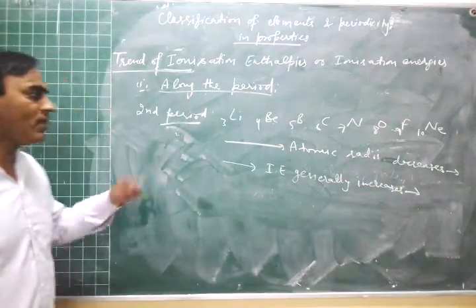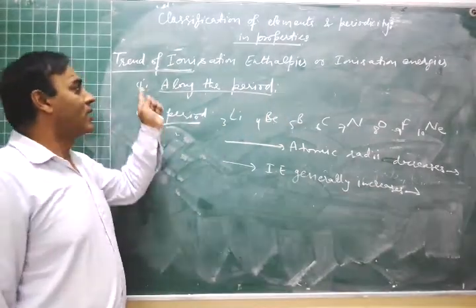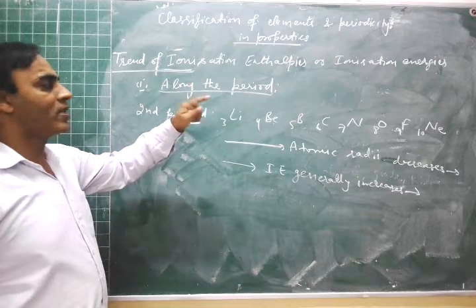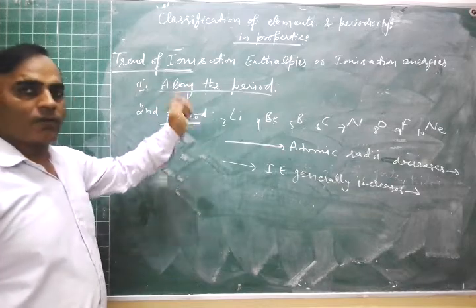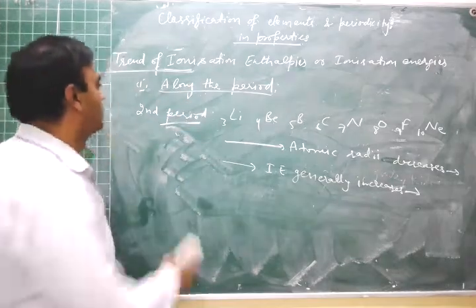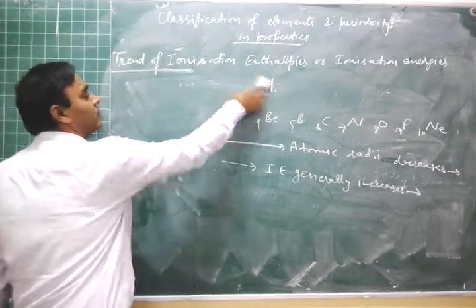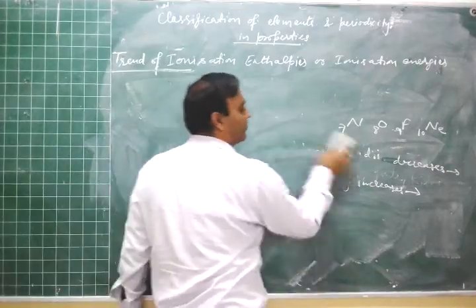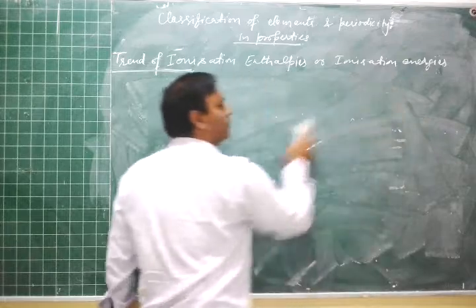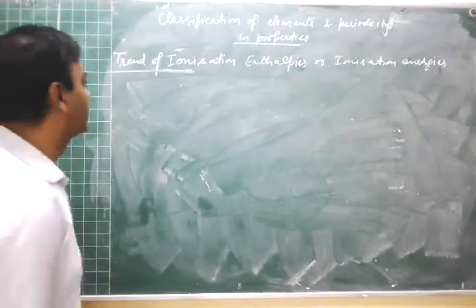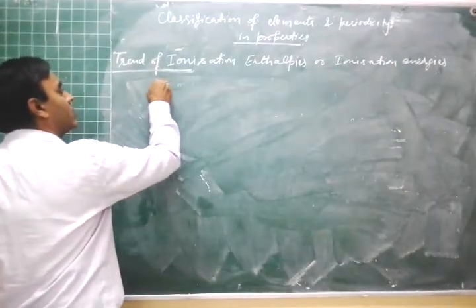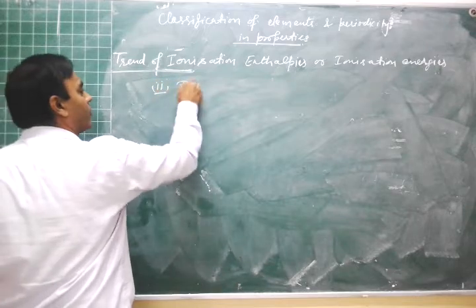Right? Now we will discuss the trend of ionization enthalpy or ionization energies down the group of the periodic table. Down the group.